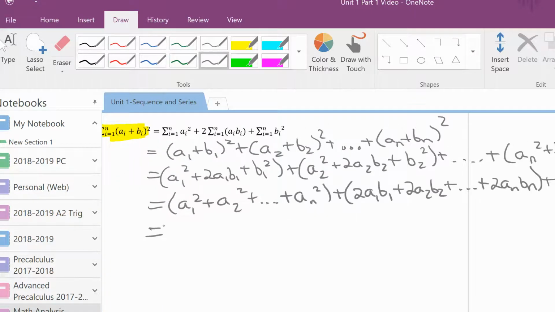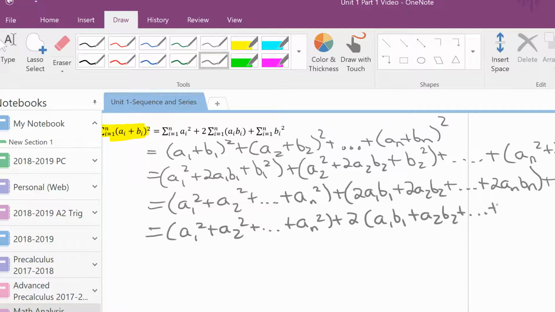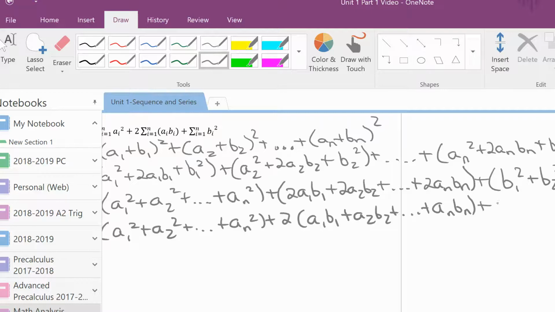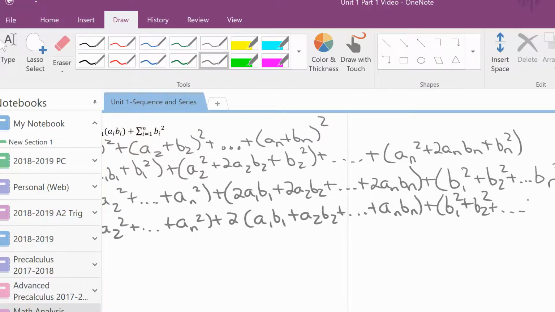So if you look here, the only thing you have to do to get this to be the same is to factor out that 2. So I'll just rewrite here. Factor out the 2. So it's a sub 1 b sub 1 plus a sub 2 b sub 2 plus, and so on, plus a sub n b sub n, plus b sub 1 squared plus b sub 2 squared plus, and so on, plus b sub n squared.